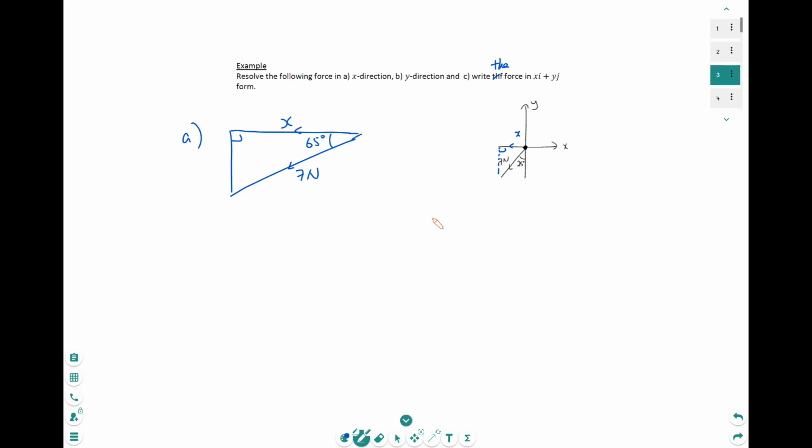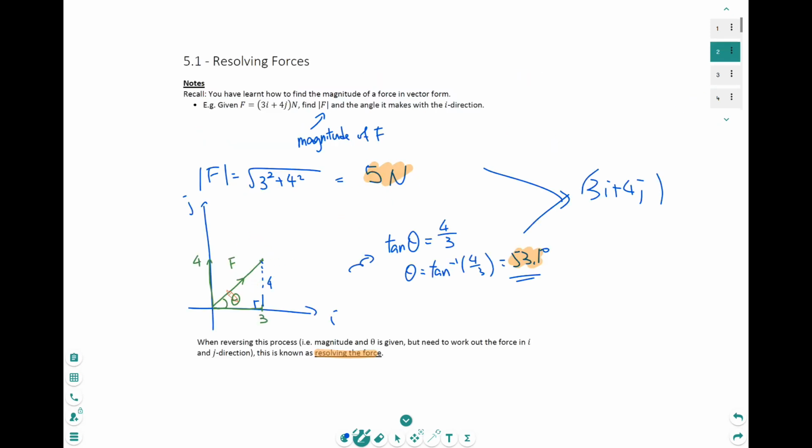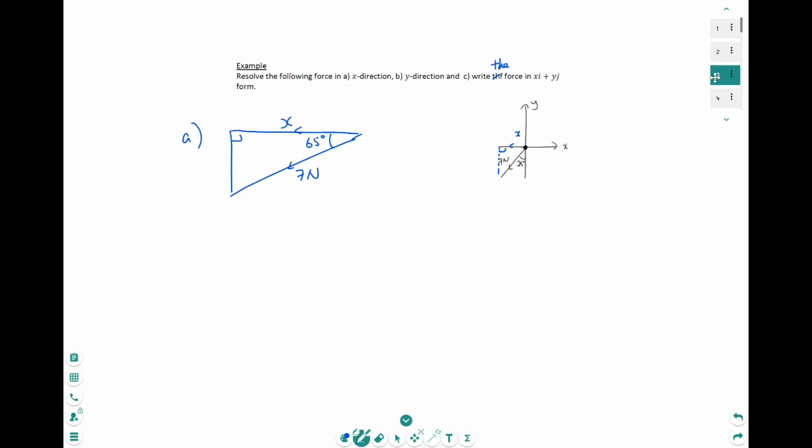If you set the triangle correctly, your 7 Newton will always be the hypotenuse, like the previous one, where the 5 Newton was the hypotenuse. So the force magnitude will be on the hypotenuse. So this will be cos 65 degrees equals x over 7. Multiply by 7: 7 cos 65 degrees, which on the calculator is 2.96 Newton.